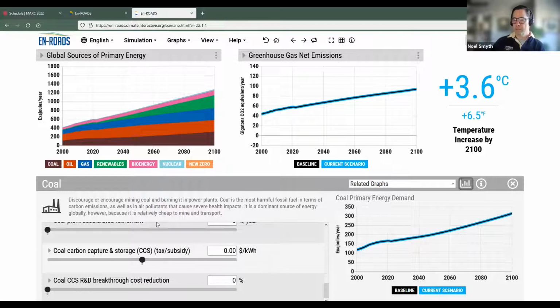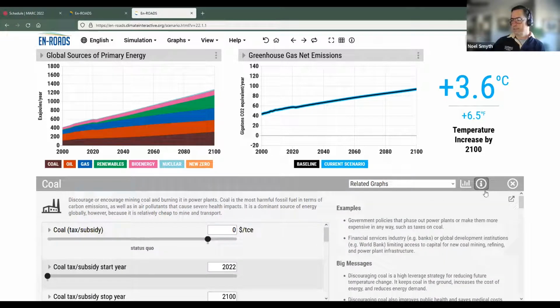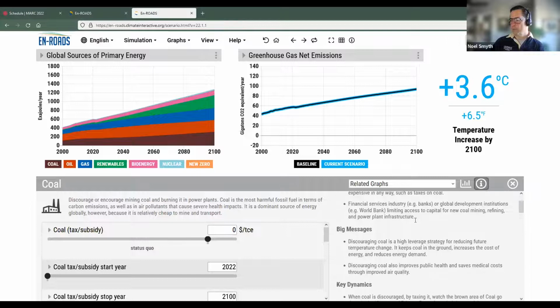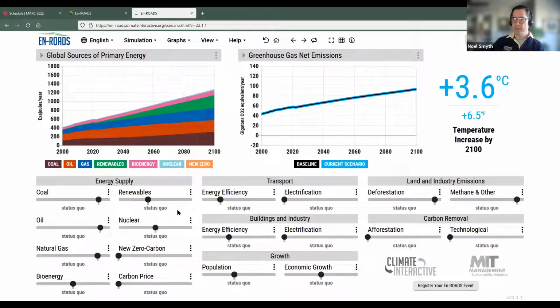CCS technology is actually located in the coal one. So there's really a lot of flexibility with the tool. All the assumptions are given. There's help where you can look at different examples of each of these. So this is in each one of the policy levers. It's got all of the formulas, the options, and the information that drives that.